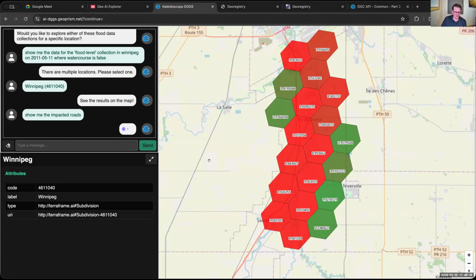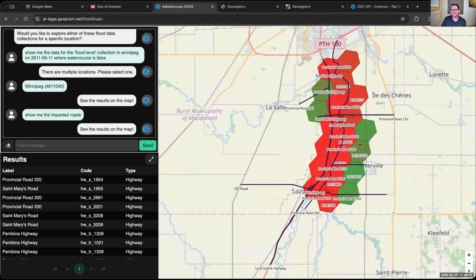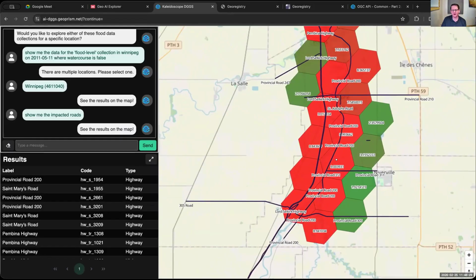Yeah, so what it's doing now is translating my natural language question into a database query. So then we see impacted roads.